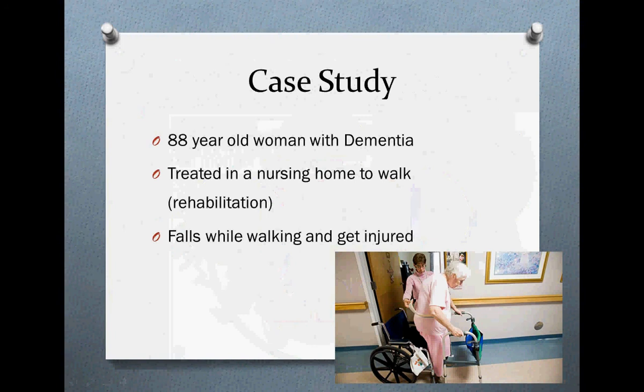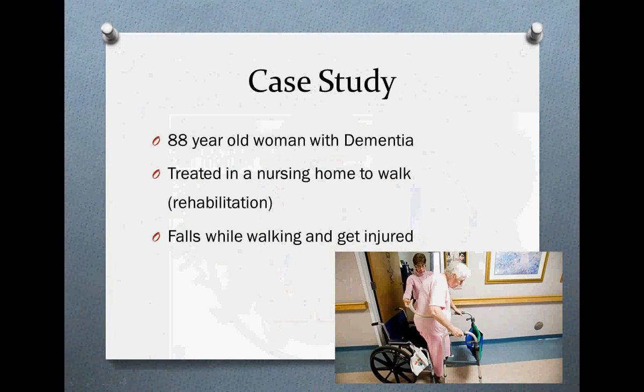She is told that she cannot walk alone without the supervision of a nurse. But one day she tries to walk alone, and she falls and injures herself. It's a head injury, but it's not severe, but she starts bleeding anyway. So she is treated and taken back to the nursing home.